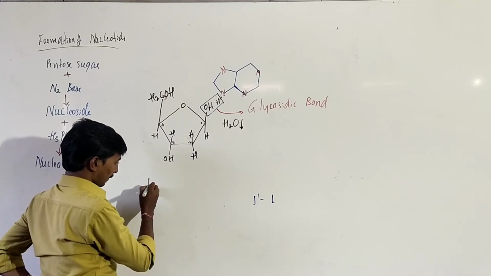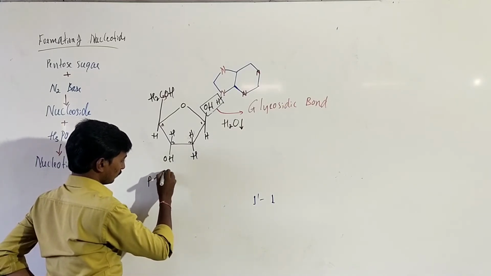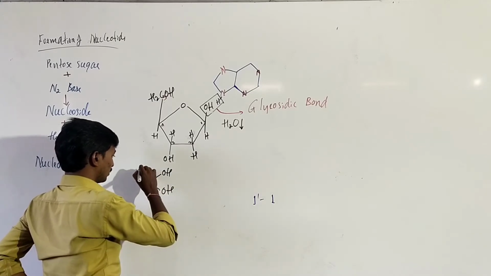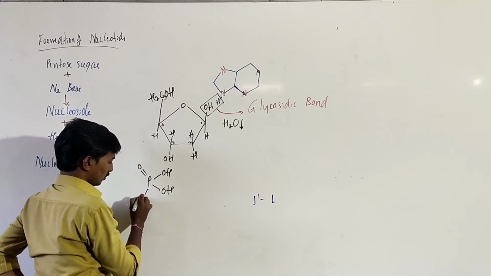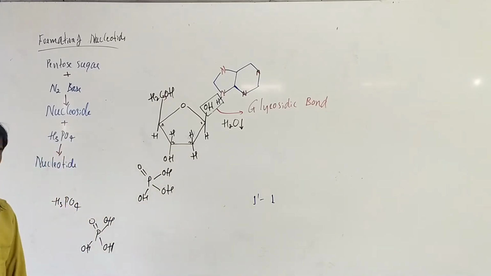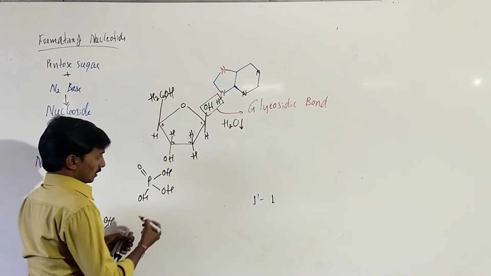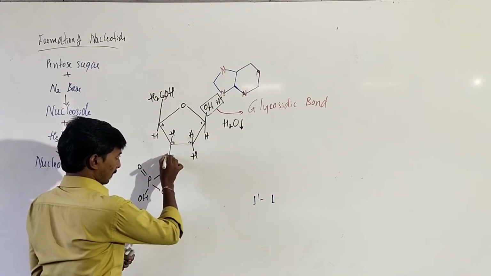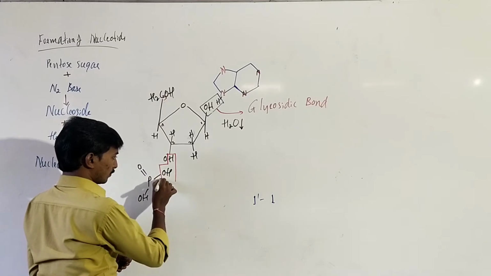So we'll write this form here, H3PO4. So P, OH, double bond O, OH, phosphate. Okay, here the sugar will donate the hydrogen, phosphate will donate the OH group.